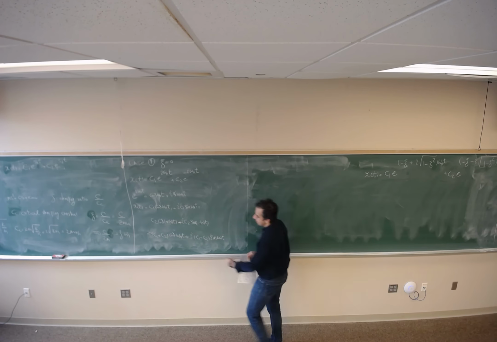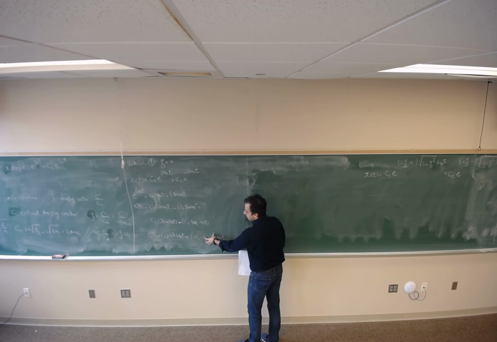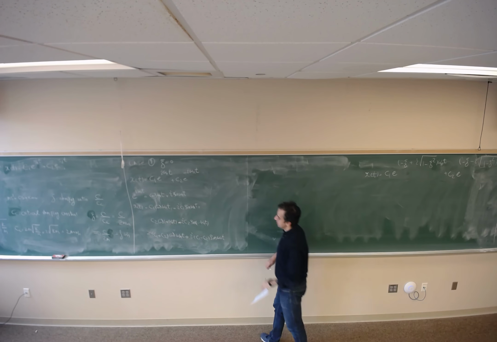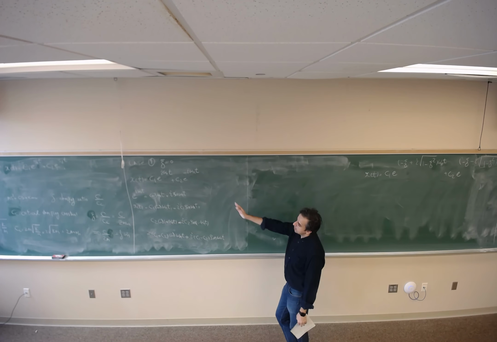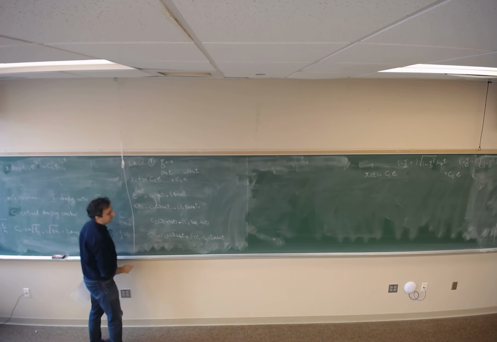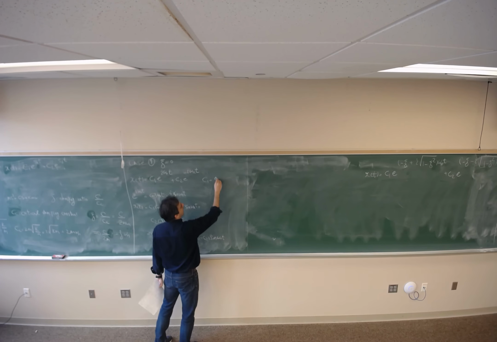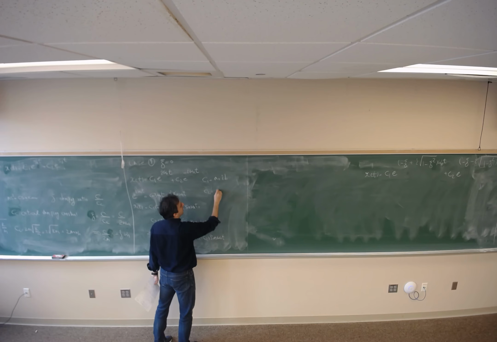Here I have the real part, right here I have the imaginary part. Since x of t is a real thing, I'm going to assume that C1 equals A plus IB, C2 equals A minus IB.